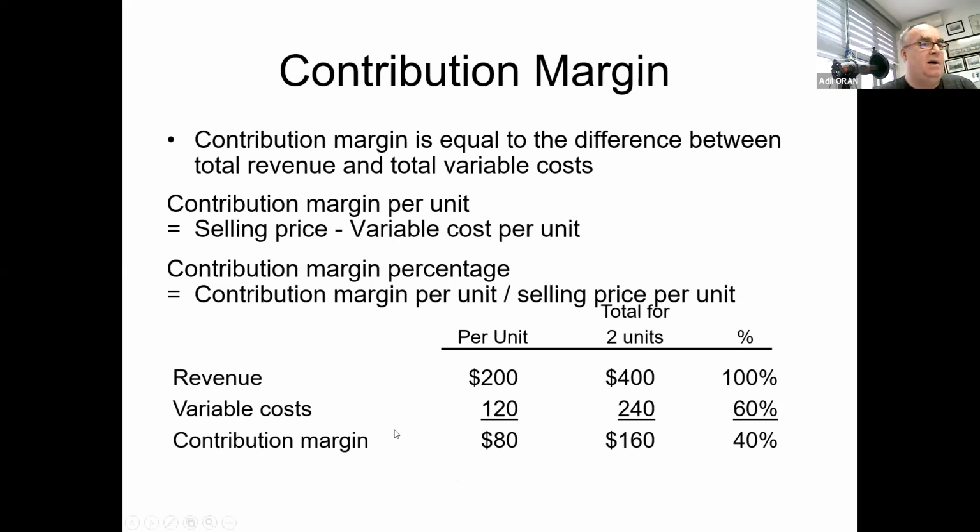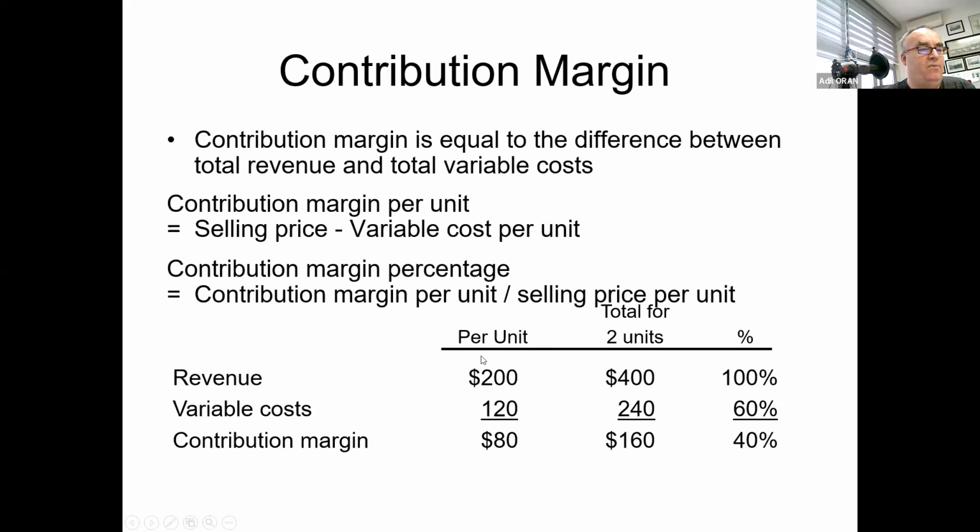So the difference between total revenue and total variable costs, or contribution margin per unit, is the selling price per unit minus the variable cost per unit. Similarly, we can calculate this as a percentage, in which case we take the contribution margin calculated above, divided by the selling price.